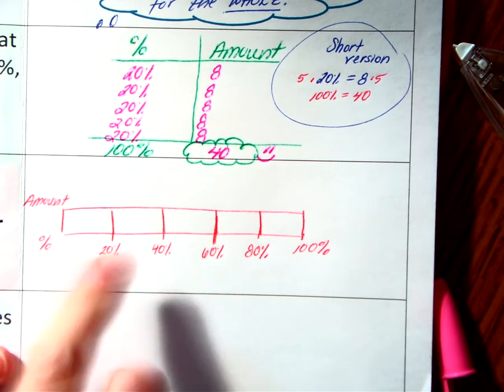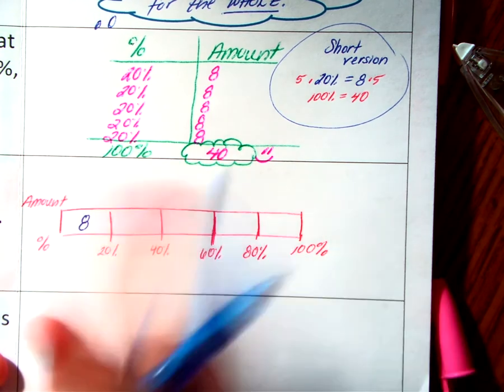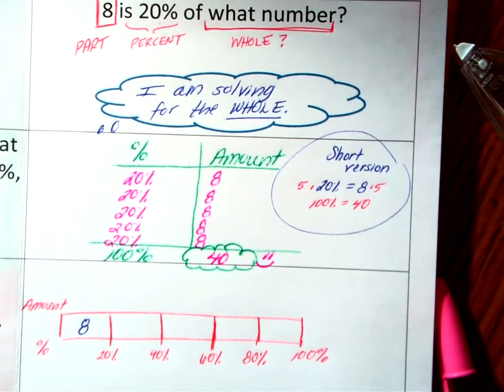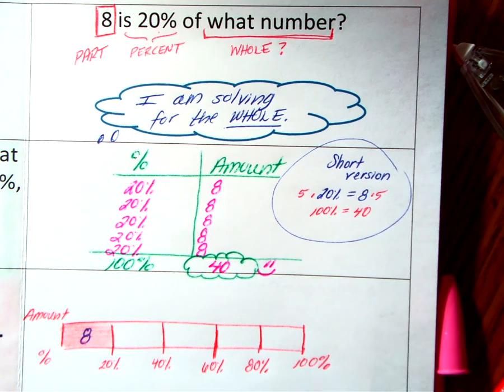Each one of these blocks is worth 8, because 8 is 20%. They told us that in the original problem. That was the given information. So we already know that this much of the block is worth 8. And all the other blocks are intended to be the same size, so they are also all equal to 8.